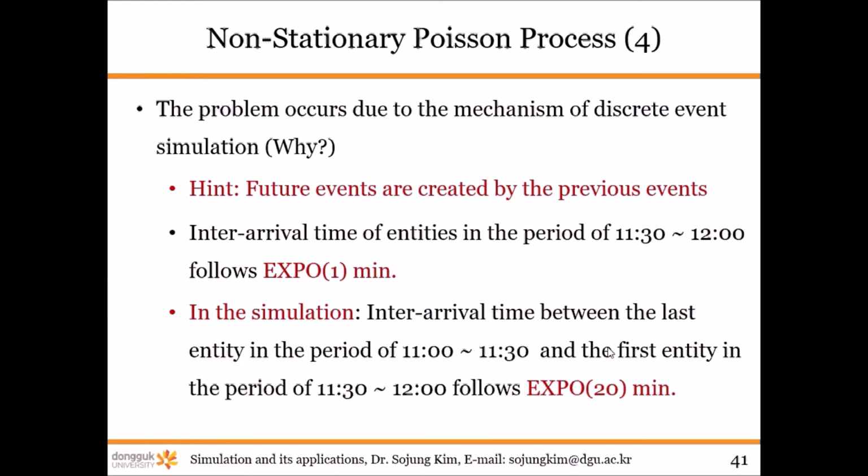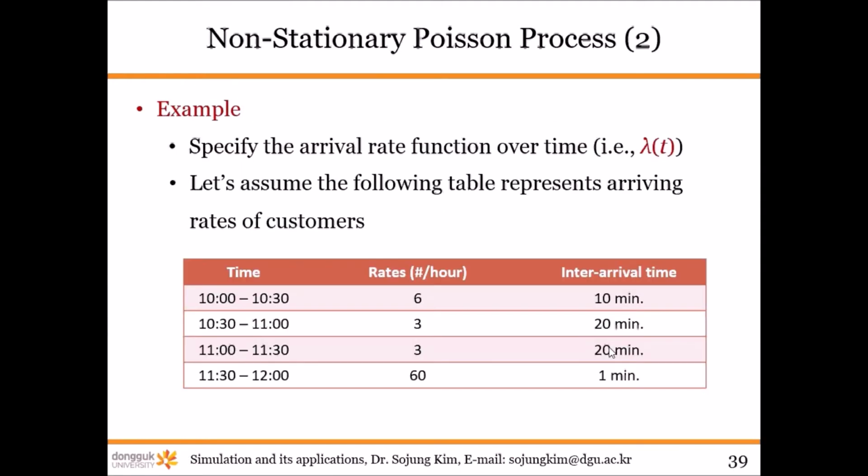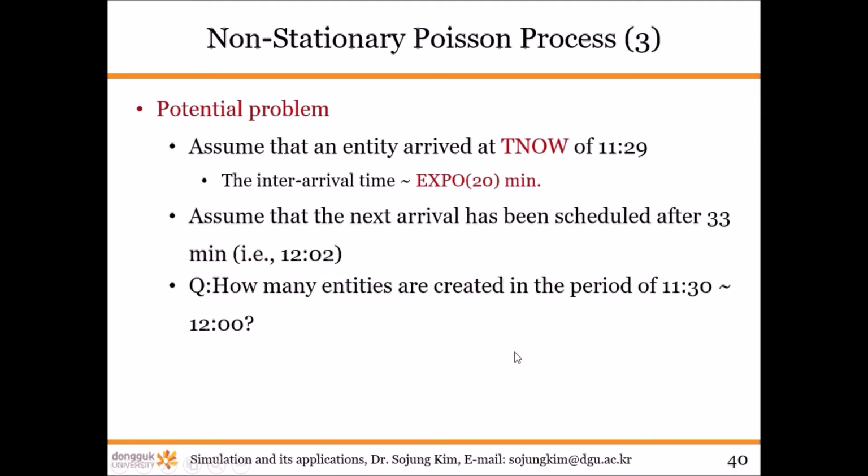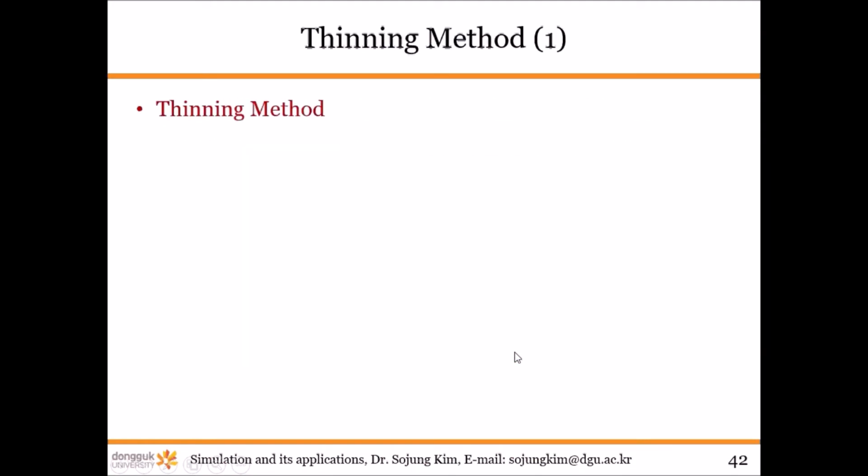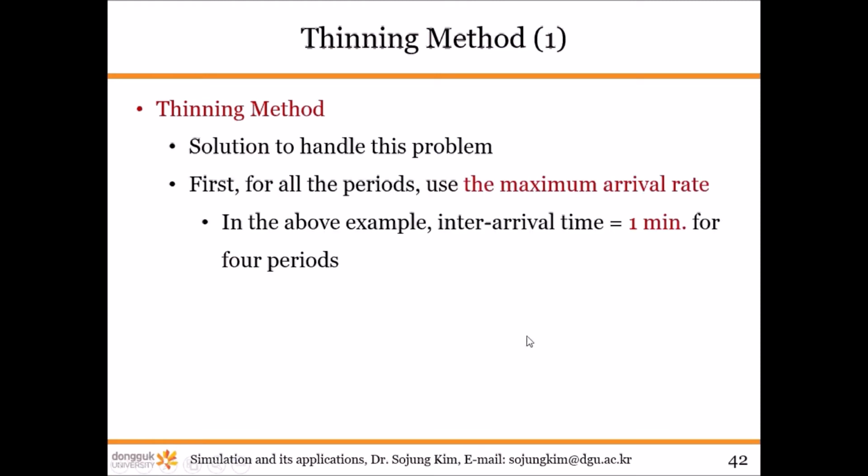We want to consider all the characteristic lambda t values for the different time slot intervals, right? So that's why people use a thinning method to handle this problem. First, for all periods, this method uses the maximum rate.